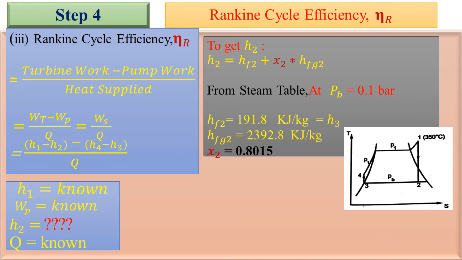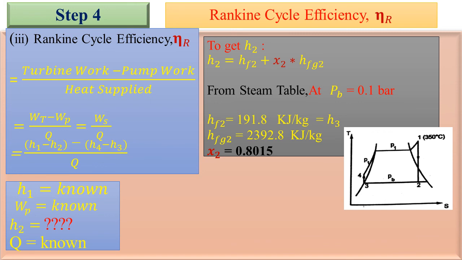To get enthalpy at point 2, from the TS diagram we can see point 2 lies in the wet region. So it will be written as HF2 plus X2 into HFG2 from the steam table at 1 bar, that is from the pressure-based steam table, because at point 2 we know only pressure, we don't know temperature.